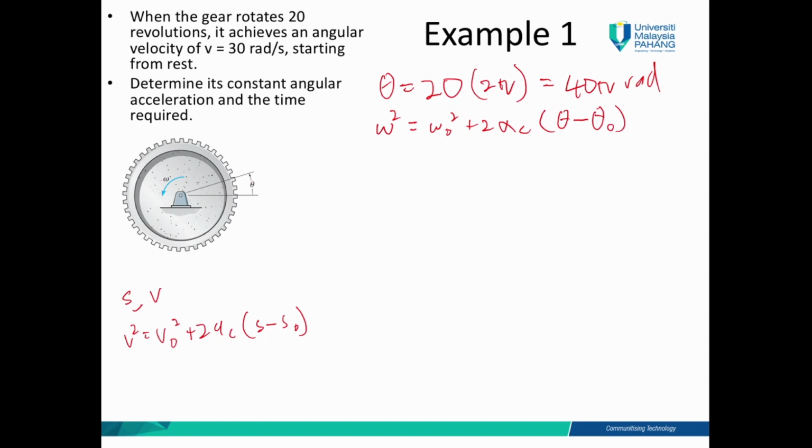So we know it starts from rest, so ω0 and θ0 are 0. So you have your angular velocity already in radian per second, so you don't need to convert it. So 30² is 0 plus 2 alpha c times 40 pi.